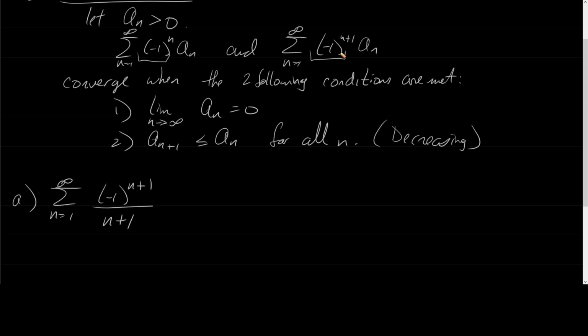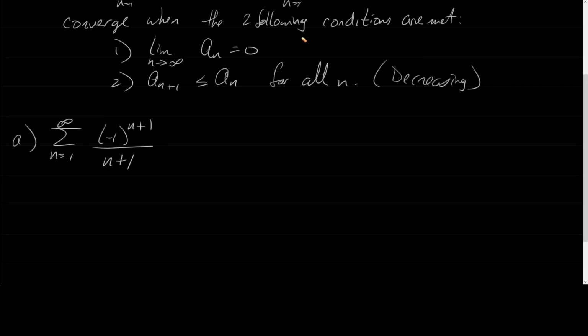So the sequence is essentially everything except that. So in here, our sequence is 1 over n plus 1. And if we take the limit as n goes to infinity of 1 over n plus 1, that goes to 0. Good, so the first condition is met.